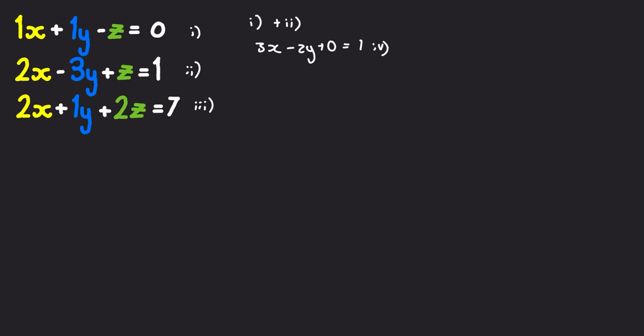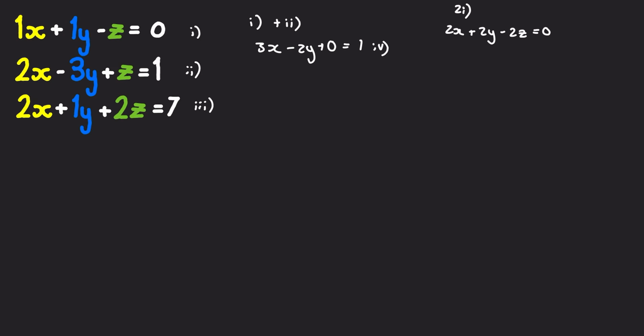Now, to do this again, 2 times equation 1 will give me 2x plus 2y minus 2z equal to 2 times 0, which is 0. And the reason I'm doing this is that now if you see 2 times equation 1 and equation 3, you can cancel out z again.